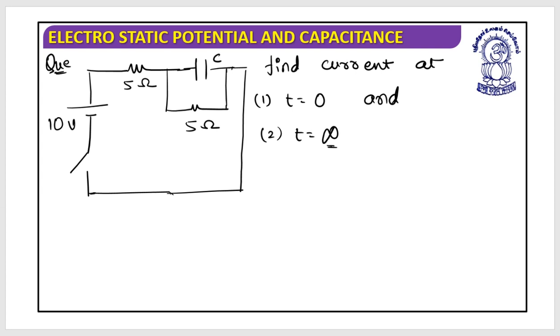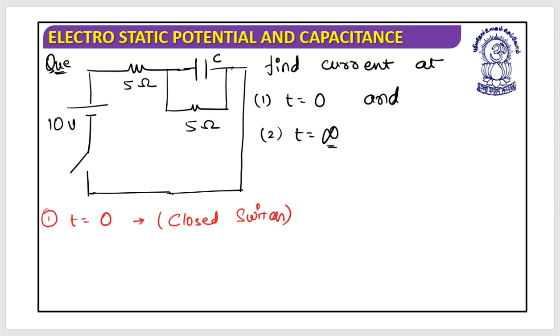Now start doing it in your book. Keep it fast. So what would be the situation in the first case? At t equals 0, how does the capacitor behave? Yes, it's a closed switch.